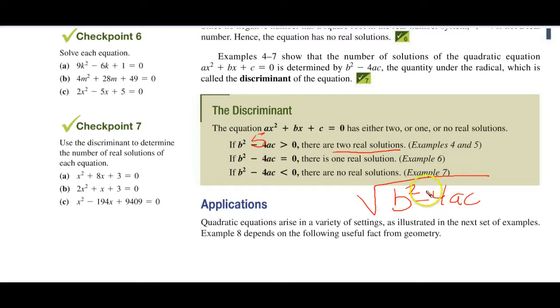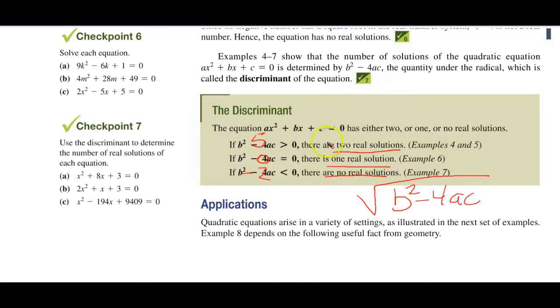If the discriminant itself is equal to 0, like we showed here in 1, then there's only going to be 1 real solution. And if the discriminant turns out to be less than 0, such as a -2, there's going to be no real number solutions.